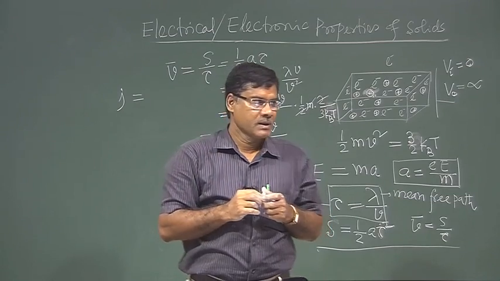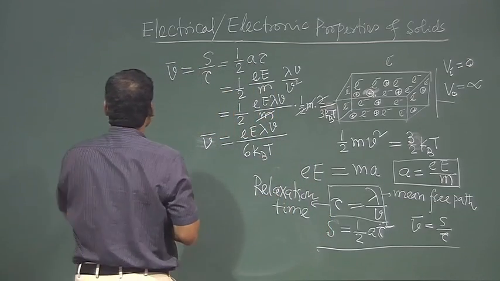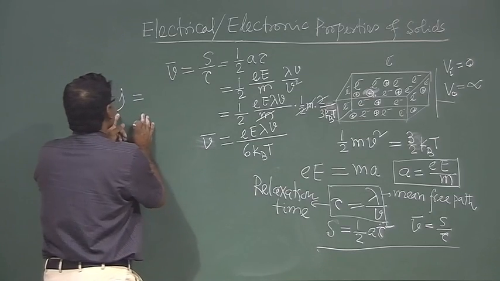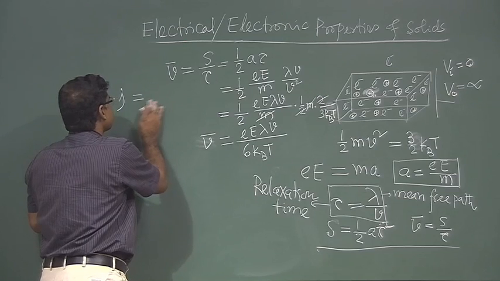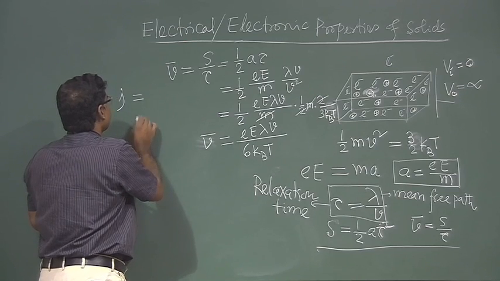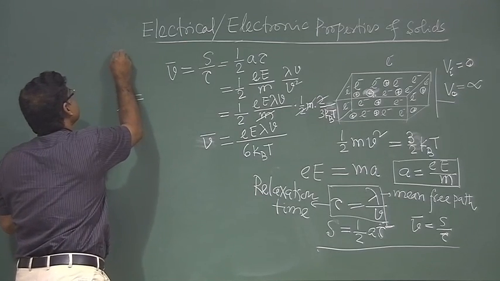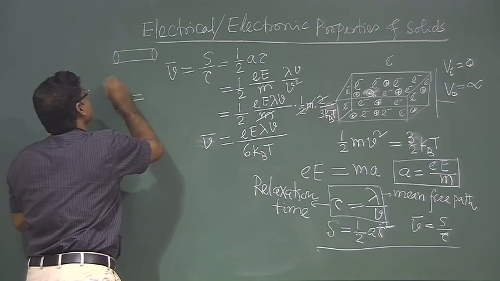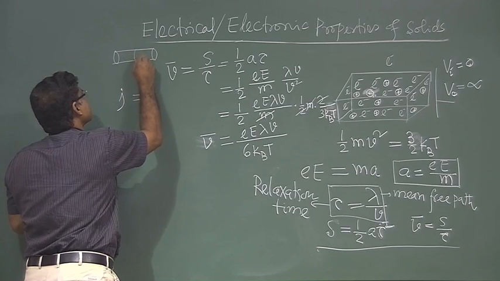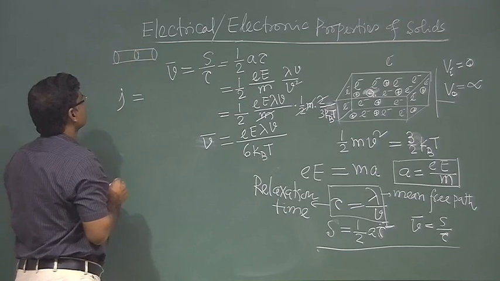Okay. So, this current density one can write, if this is the conductor, right. If I take this cross section, right.